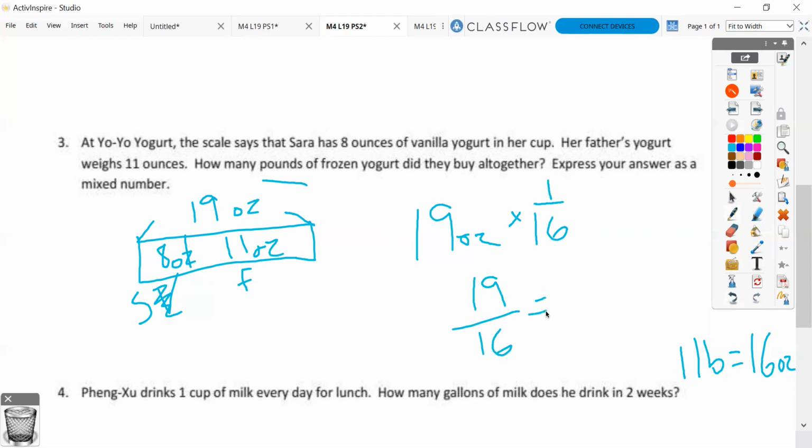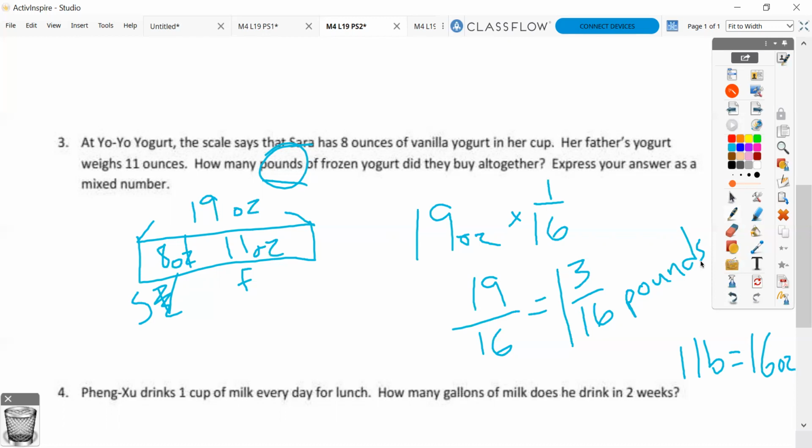And then to convert it into a mixed number, I take 16/16 out to make that one whole, and then I would have 3/16 left over. But they wanted it in pounds, so that is 1 3/16 of a pound. That's how you'd say it.